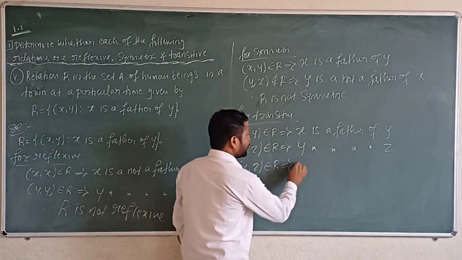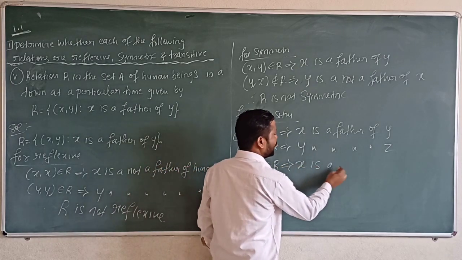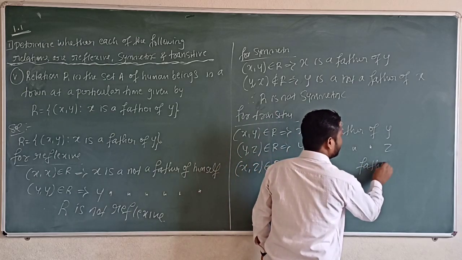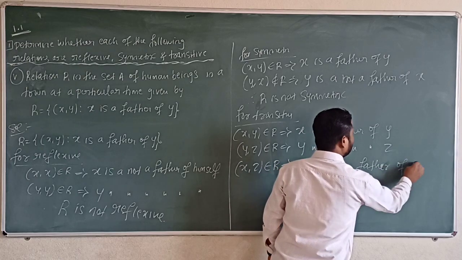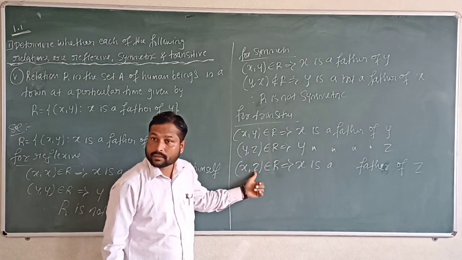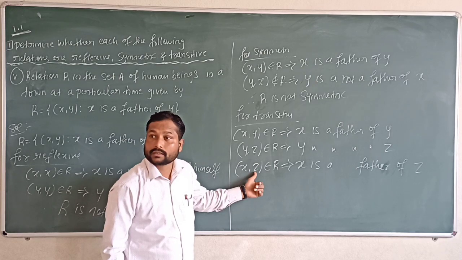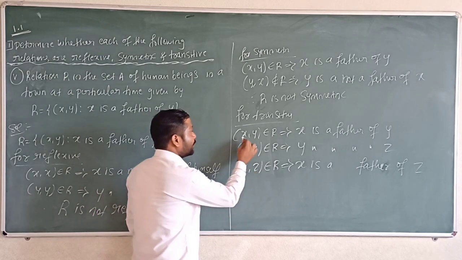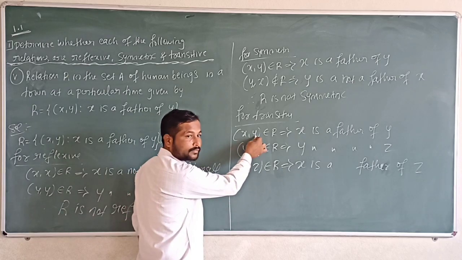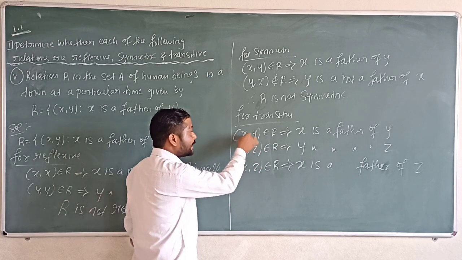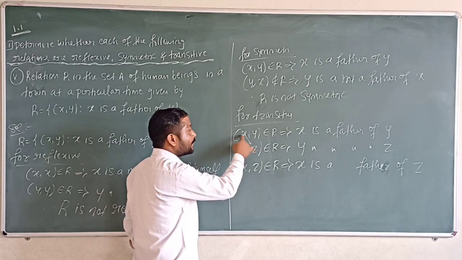Is x a father of what here? Z. X is a father? No, what does he become? Grandfather. Now x is a father of y, y is a father of z, right? Then what is the x z relation?